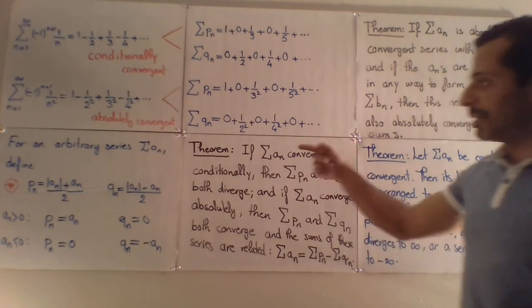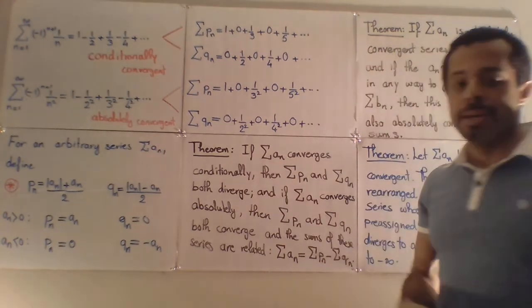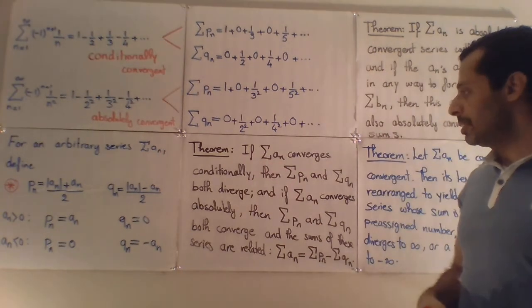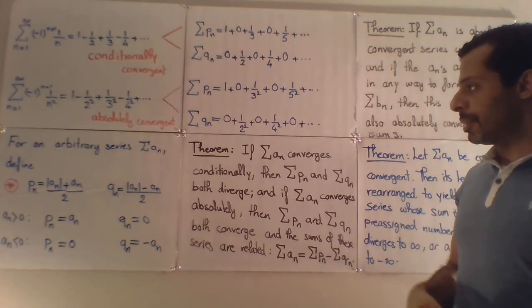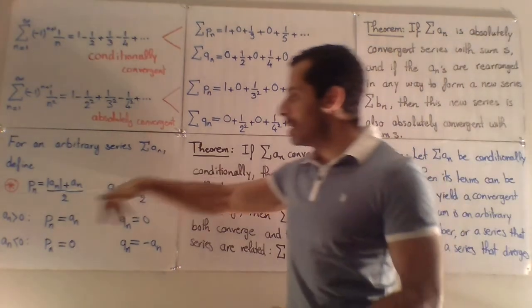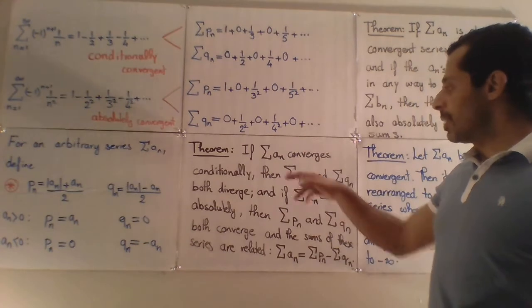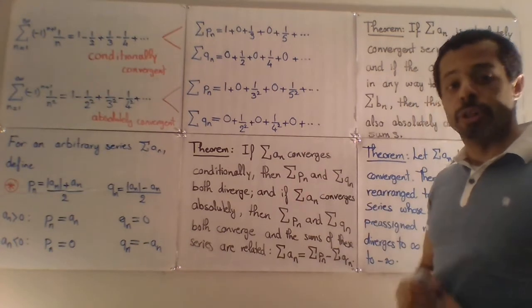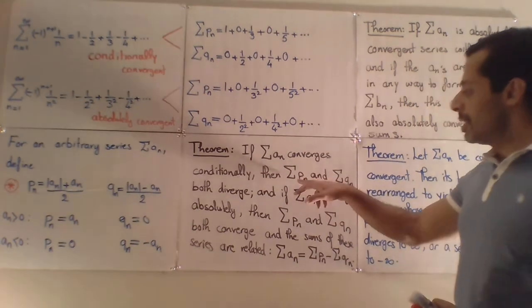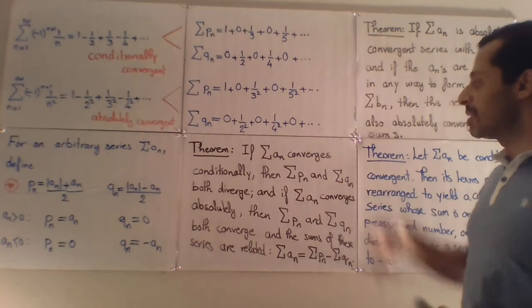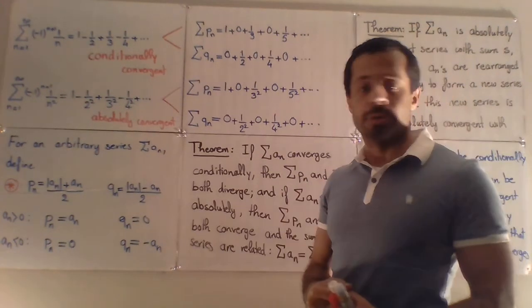So first we have this important theorem that relates the three series sigma An, sigma Pn, and sigma Qn. If you have a general series sigma An and you define Pn and Qn as above, then if sigma An converges conditionally, it must be that sigma Pn and sigma Qn both diverge.